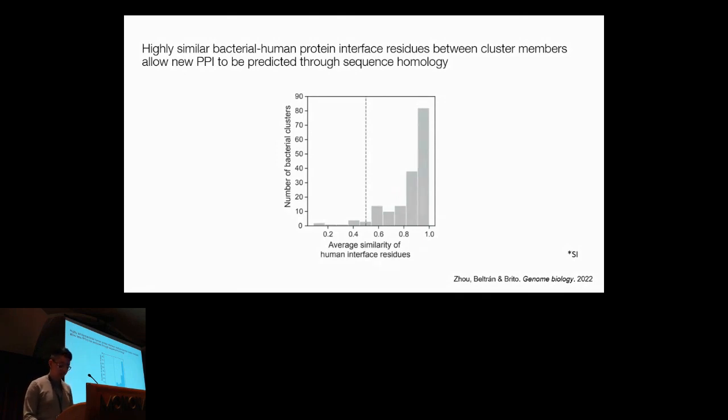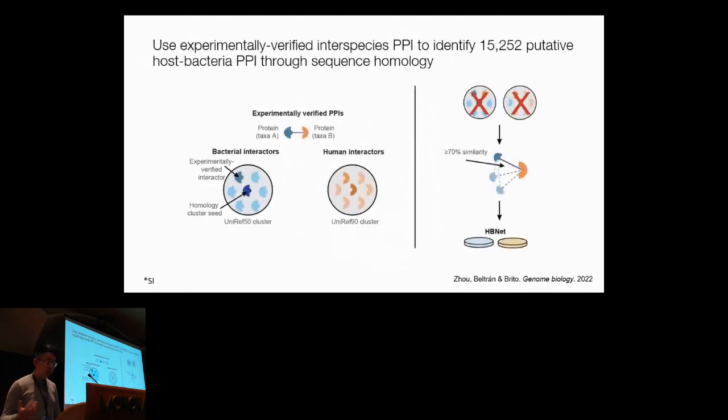which may allow new PPIs to be predicted through sequence homology. To examine host microbiome interactions broadly, we extracted all experimentally verified interspecies PPIs involving human proteins from a large-scale interaction database and a set of manually curated publications. PPIs comprising one UniRef90 cluster containing a human protein and one UniRef50 cluster containing a bacterial protein were retained for downstream analysis.